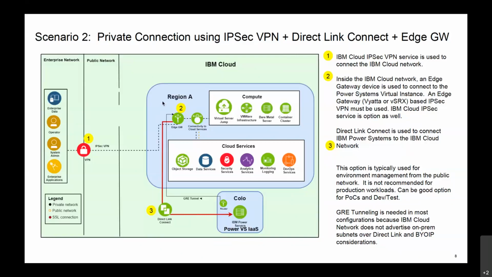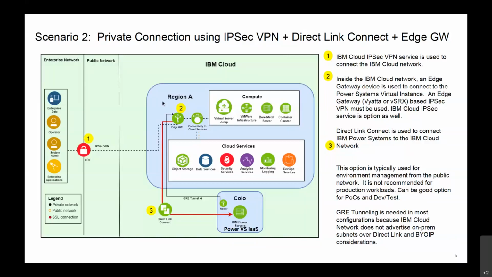Sometimes it's known as a virtual router appliance, or a VRA. The type of service that I'm ordering from IBM Cloud is going to be either a Vyatta, your preferred way to say that service, or a Juniper vSRX service.